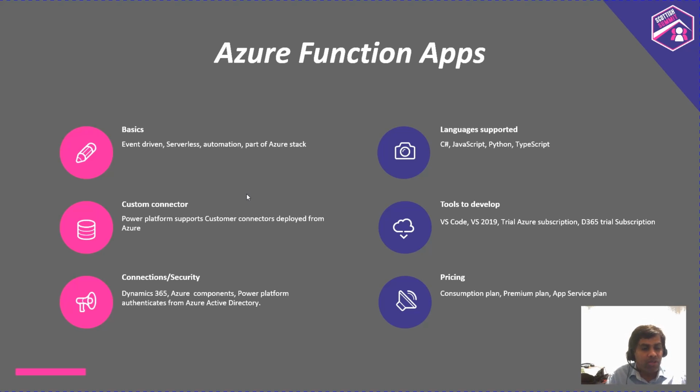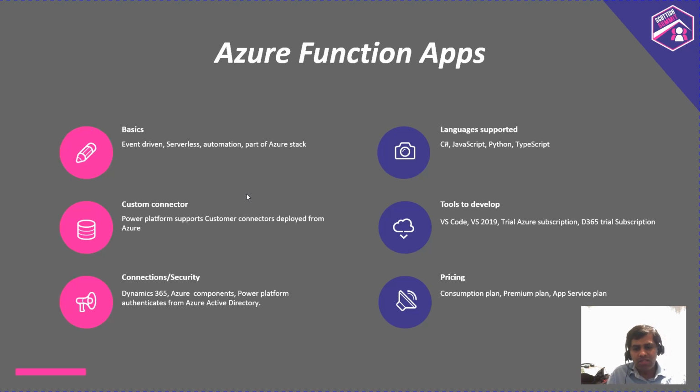You also need a trial subscription to start with from Azure, which is a freebie of 150 pounds per month for 12 months. And you also need to take a 30-day Dynamics 365 trial subscription. I'm very specific that the 30 days is for Dynamics CE apps, business apps. Okay, then connections and security.